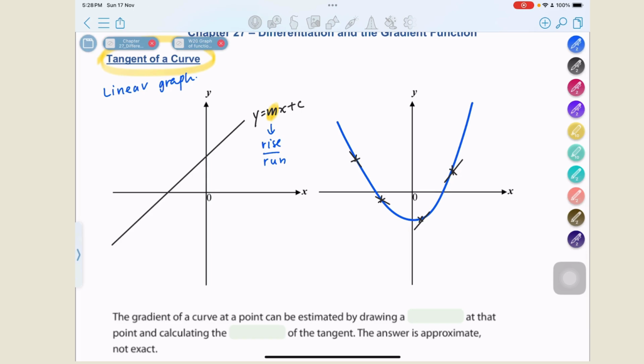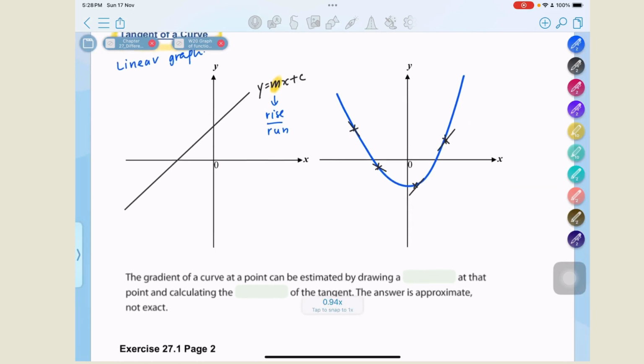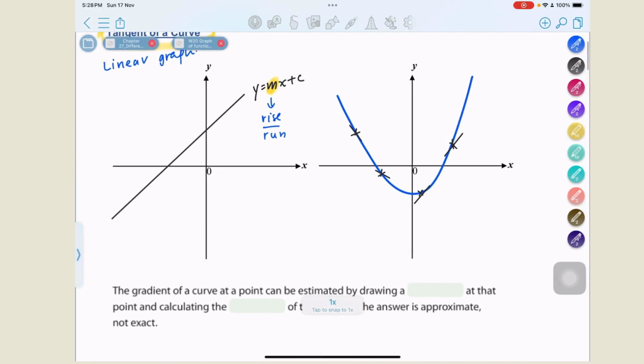Okay, let's look at the notes now. Gradient of the curve at a point can be estimated by drawing what we call a tangent at that point and calculating the gradient of the tangent, or we can say the slope of the tangent.